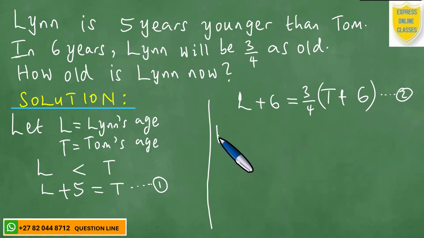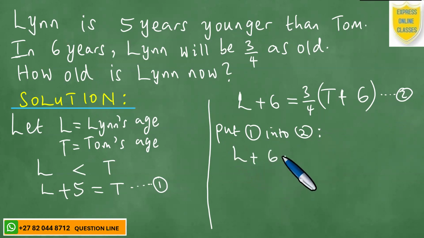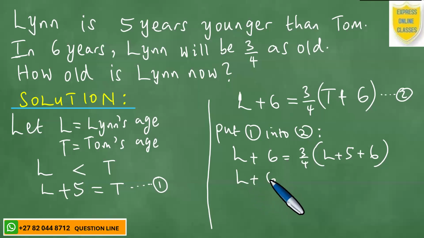What you can do is put 1 into 2. Then you have Lynn's age plus 6 equals 3/4 of T plus 6, where T is L plus 5, so L plus 5 plus 6, which is L plus 11.